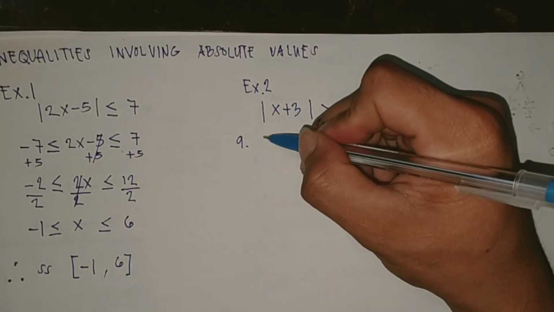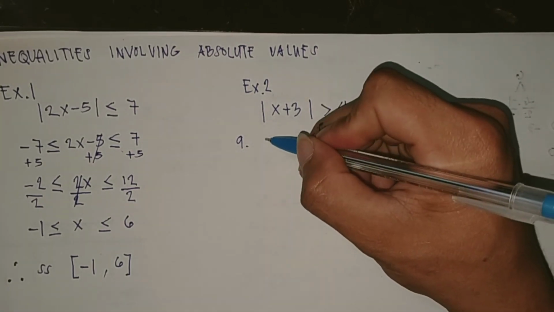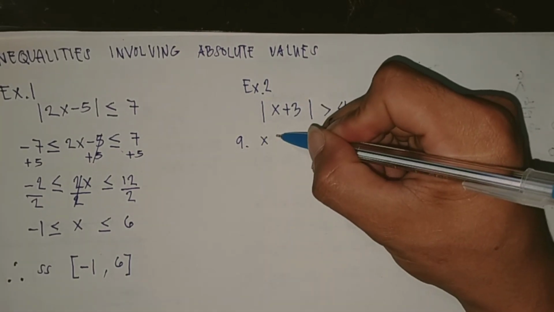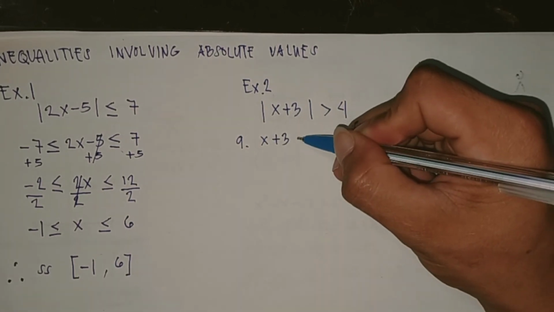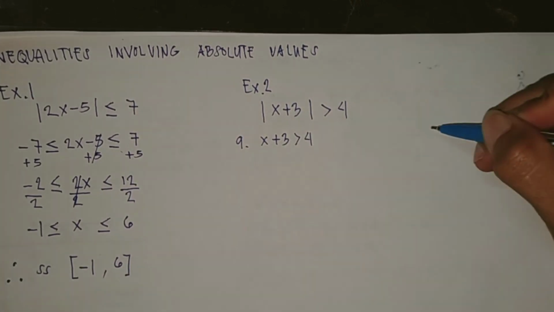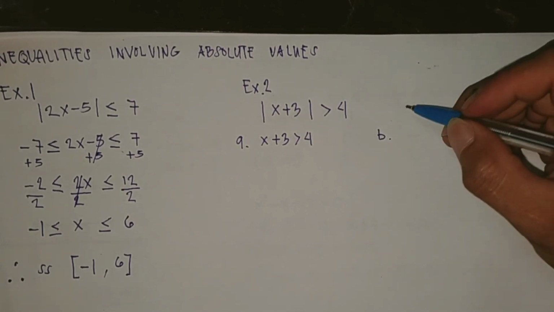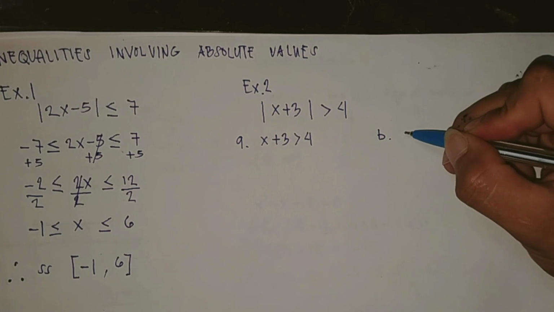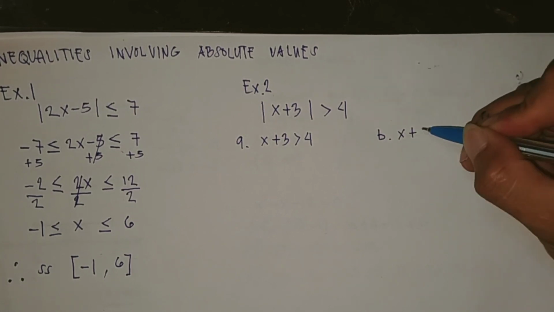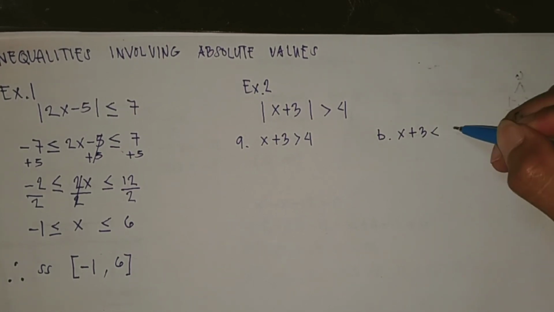Split the inequality into two cases. One for when the expression inside the absolute value is positive, and one for when it's negative. So we have A, x plus 3 is greater than 4. And B, we have x plus 3 less than negative 4.